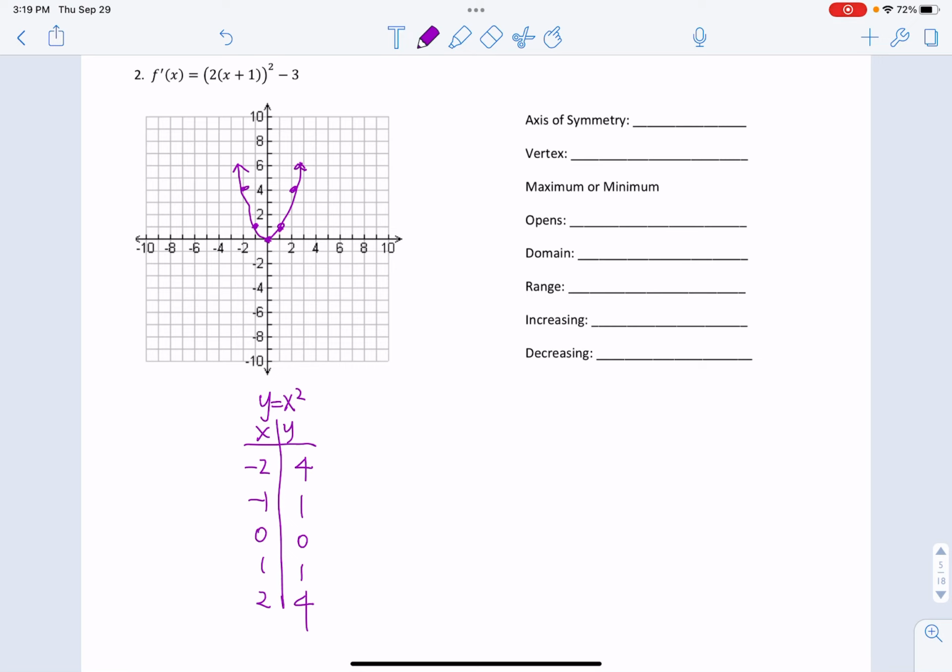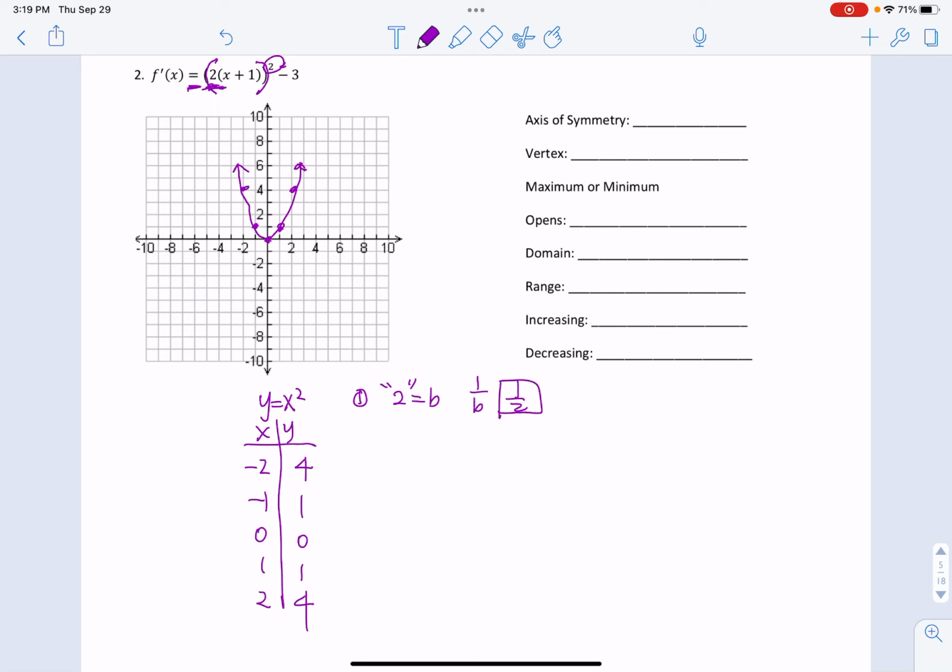And then when you see the first 2 here, it is inside the parenthesis. It wasn't outside. It was a parenthesis squared here. It's inside, so the inside value is a horizontal change. And this is a 2. For the b value we have to think of it as 1 over b, which is 1 over 2.